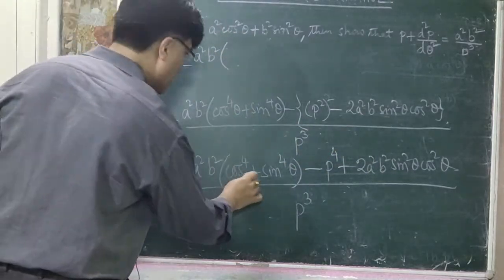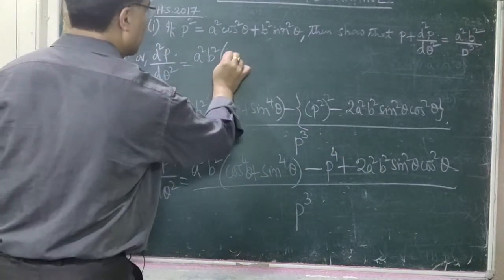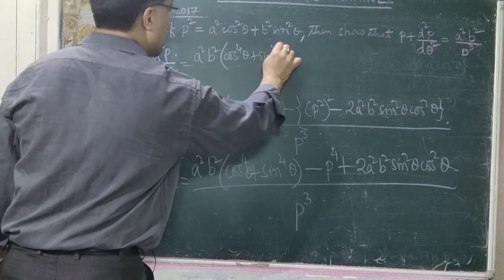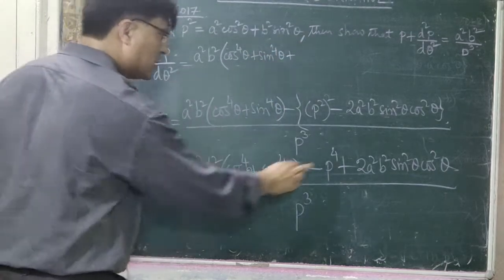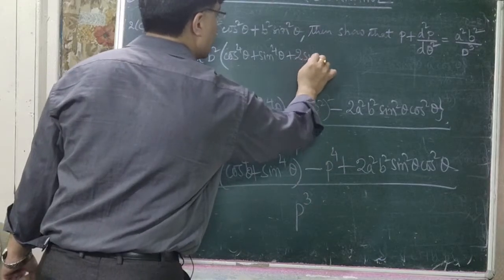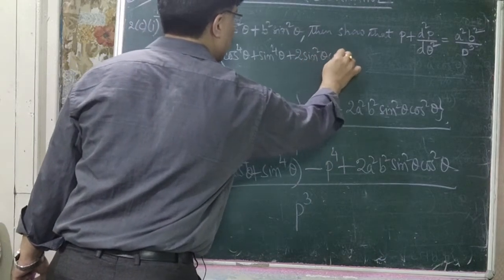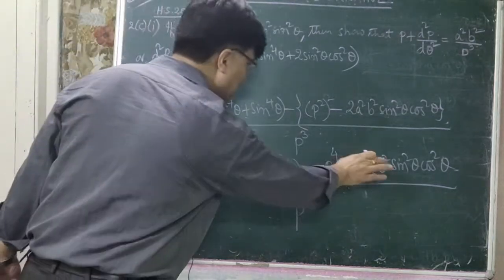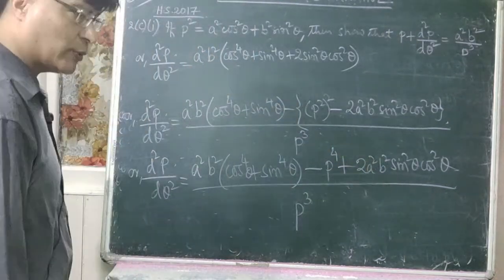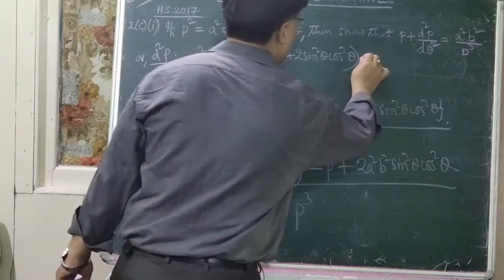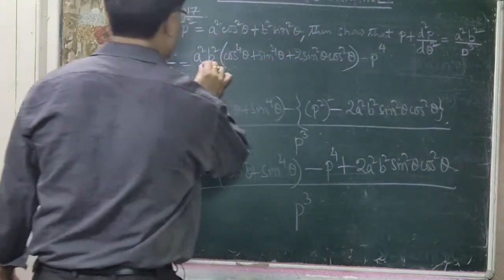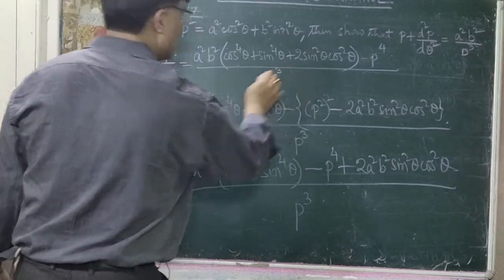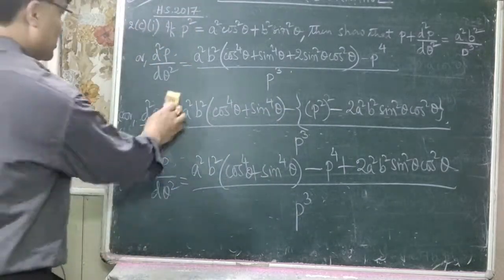So this is cos⁴θ plus sin⁴θ plus this is your 2 sin²θ cos²θ, right? So from the first and the last term, what is common here? a²b². Then write down minus p⁴. This whole divided by what? Whole divided by p³. Understood?